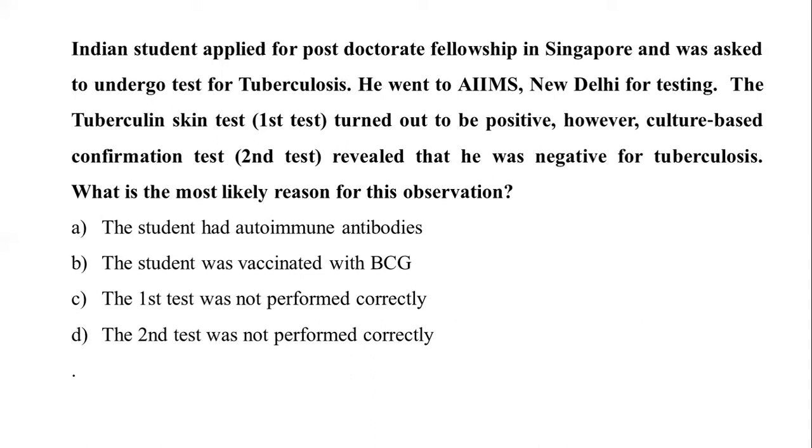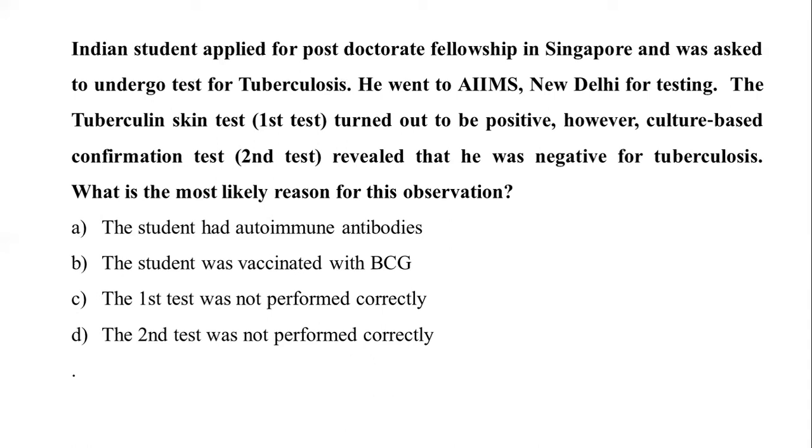Now the BCG vaccine, the Bacillus Calmette-Guerin vaccine, which is used for the prevention of TB, may cause problems in interpreting the tuberculin skin test, as people who have previously been vaccinated with BCG may show a false positive TB skin test. Hence, at times it is difficult to interpret whether a positive TB skin test is due to BCG or to an actual TB infection. So the TB culture test is the preferred method for TB testing of people who have received a BCG vaccine.